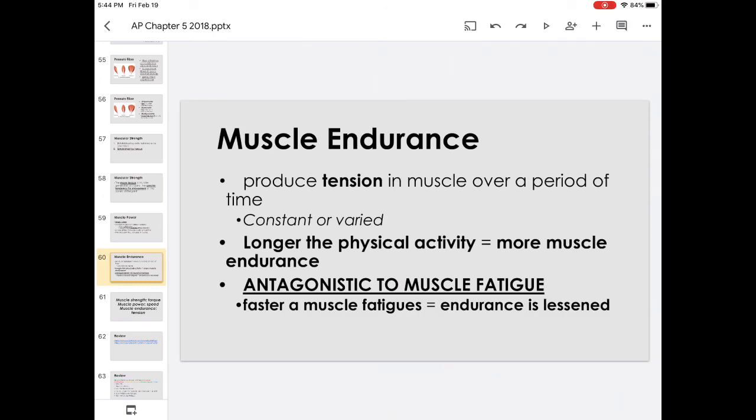So varied is like you change over a period of time, a kind of repetitive motion, but it's changing. Constant is like when you are literally holding a position. The longer the physical activity, obviously, the more muscle endurance you have, and it's specific to whatever activity you are doing, because the force and speed for that activity is going to be different.